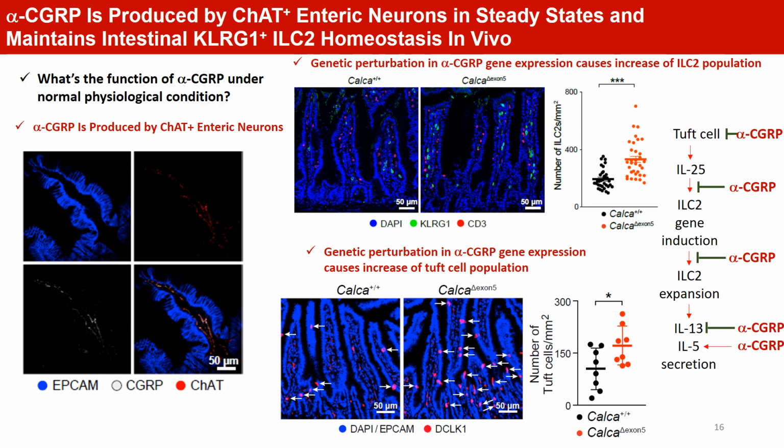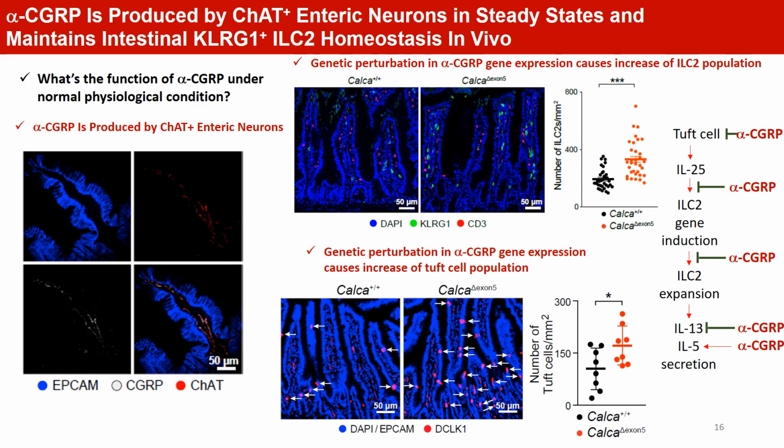They used genetic perturbation of the alpha-CGRP gene, and we found that the KLRG1 green cells significantly increased in this genetically perturbed alpha-CGRP gene.